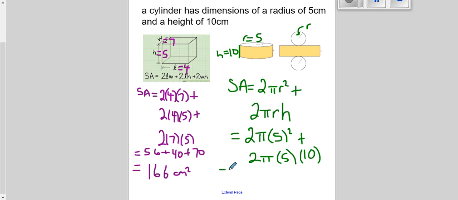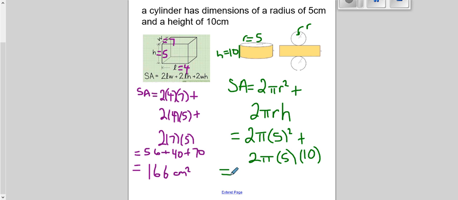Okay, so let's work this out. I'm going to have to get out my calculator here. So just give me a moment. So 2 pi, you can use 3.14 or you can use your pi button. Whoops, I already made a mistake. Okay, so times pi, I'm using 3.14.